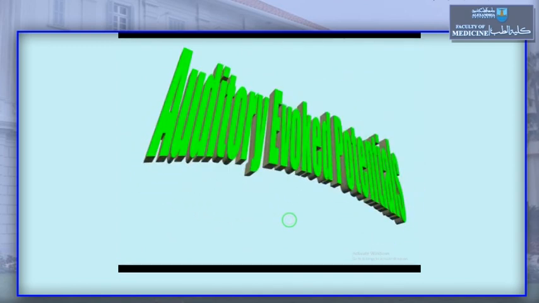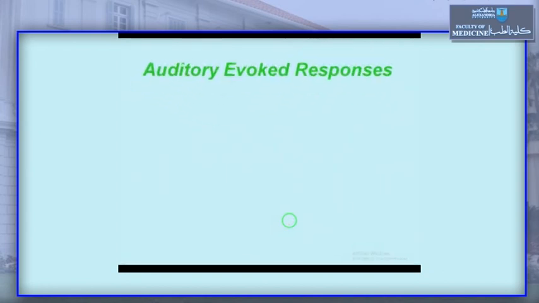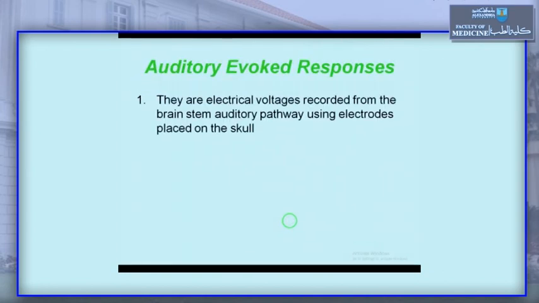By this, I end the talk about tympanometry, and now I go to the last piece of the lecture today, which is auditory evoked potentials. What are the auditory evoked potentials? They are electrical voltages recorded from the brainstem auditory pathway using electrodes placed on the skull.